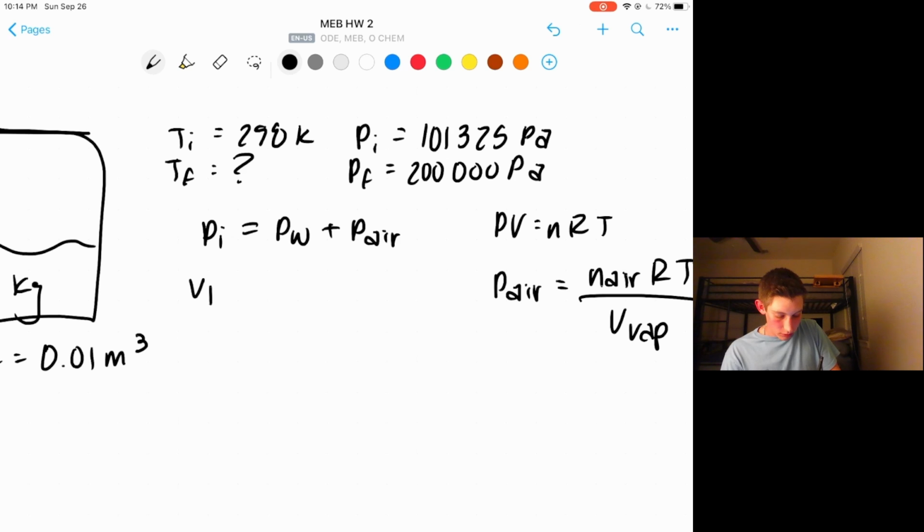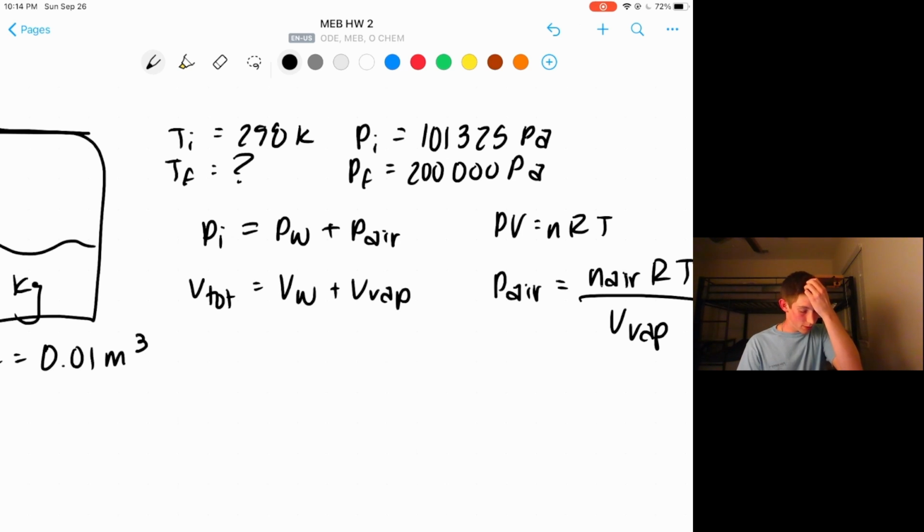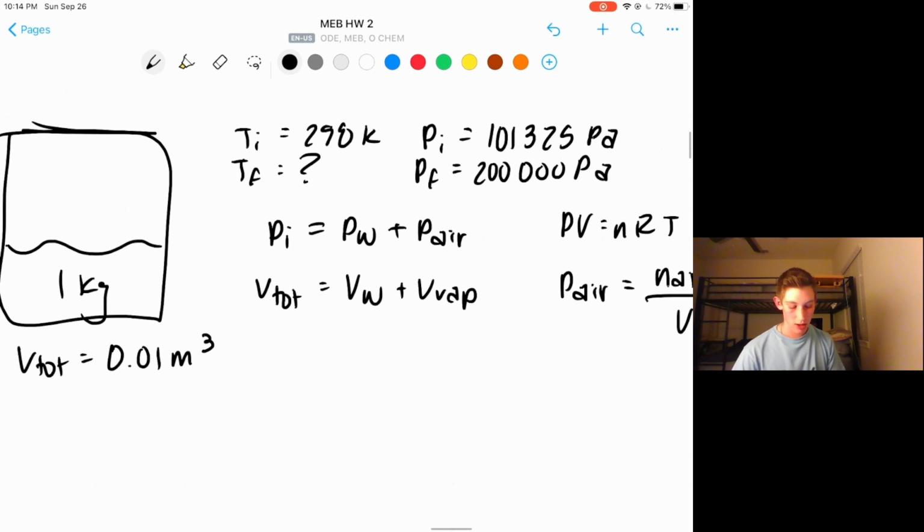So we know that the total volume is 0.01 meters cubed, and that is including the volume of the water plus the volume of the vapor phase. We don't know the volume of the water, but we can find that using the mass and the density, and we can use the density found in Python using a module, which we will talk about later.